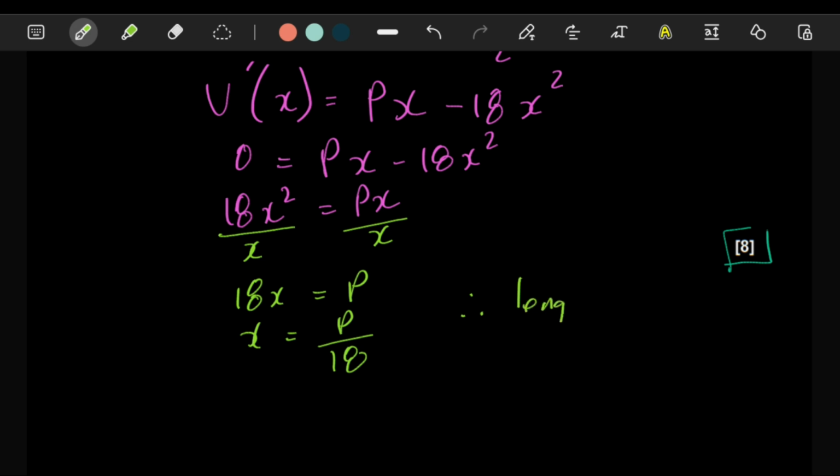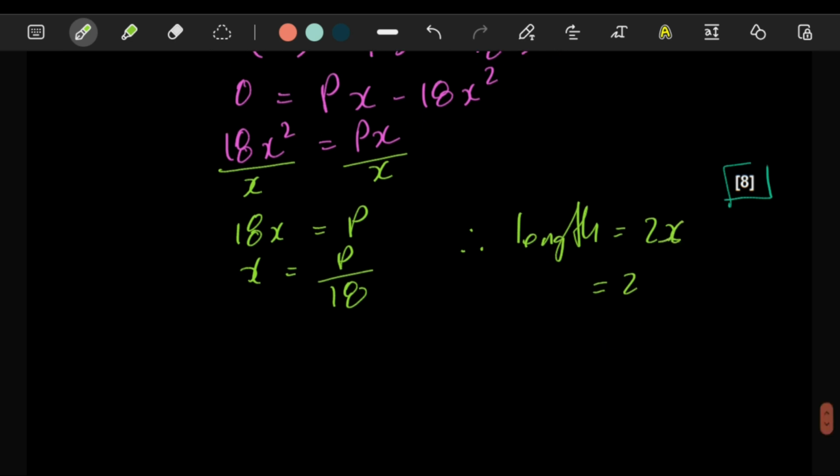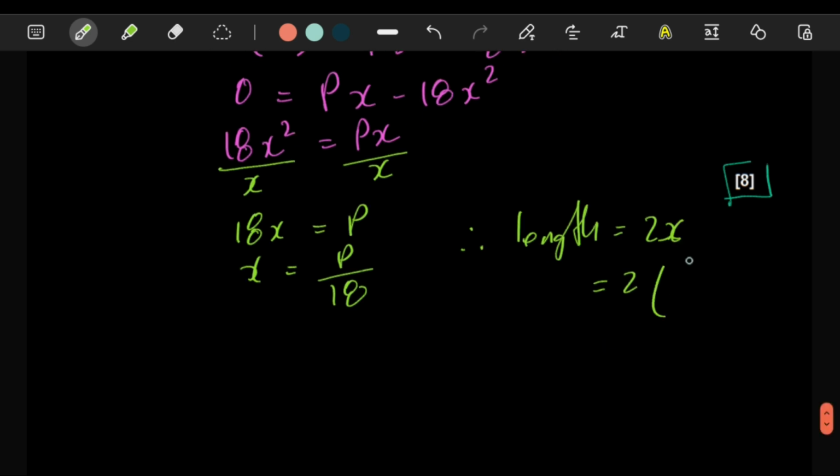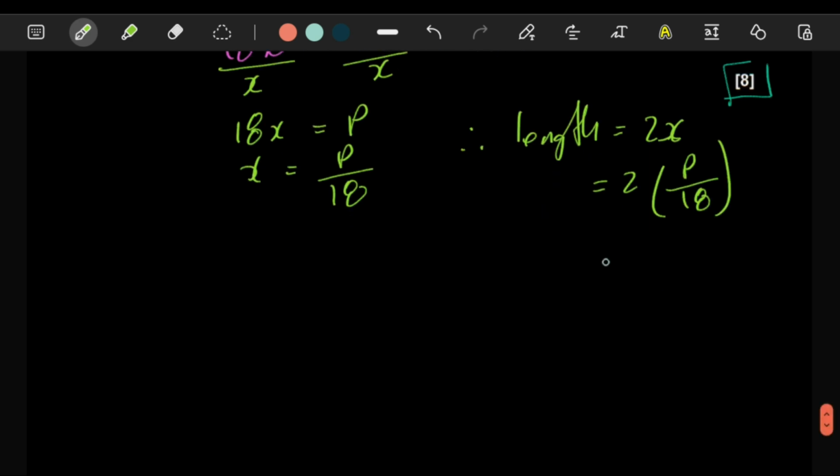Therefore, the length is going to be 2x, which is equal to 2 times p over 18, which is just going to be p over 9. Wow, so this is the answer that we are getting.